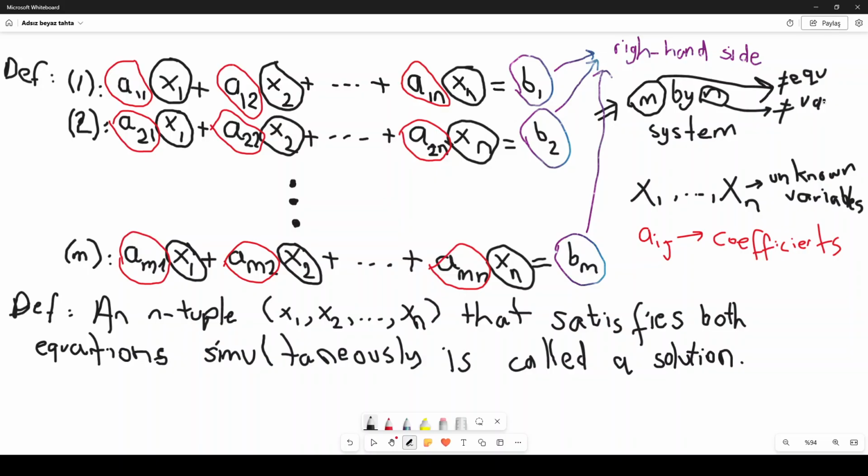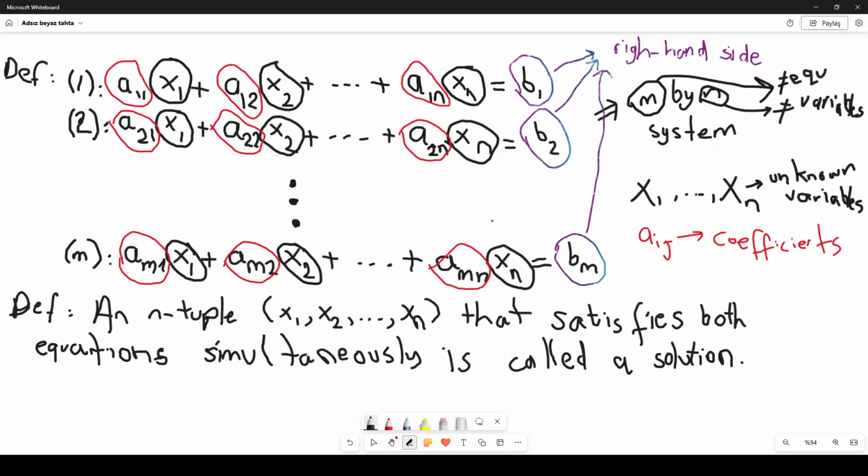So that's why we call such a system an m by n system. The number of equations is represented by m, and the number of unknown variables is represented by n.